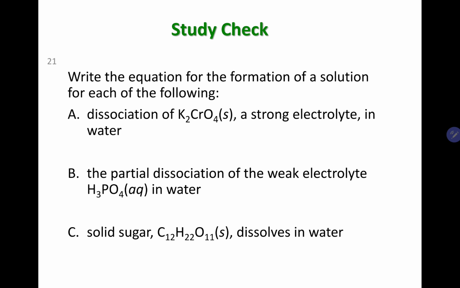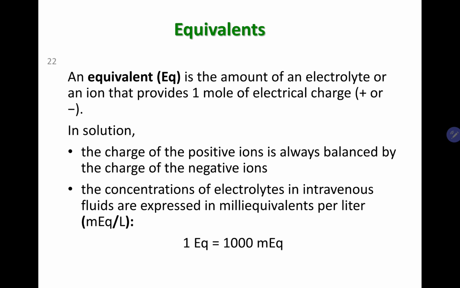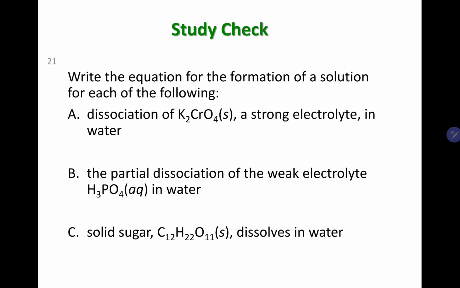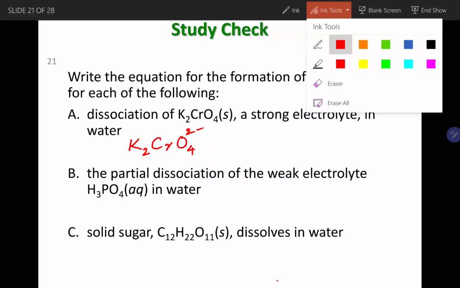Write the equation for the formation of a solution for each of the following. In A, what you have is potassium chromate, which is a strong electrolyte, by the way. How do you know that? It is an ionic compound. That is the first thing. And also potassium, oh, there should not be 2 minus on it.